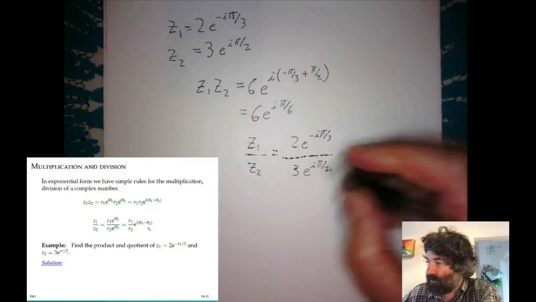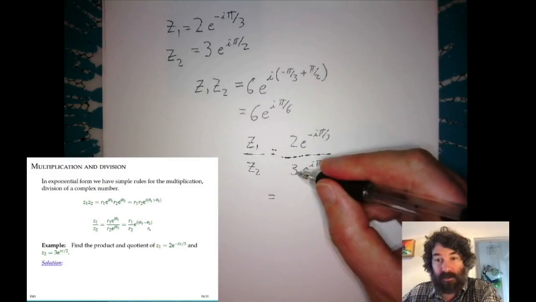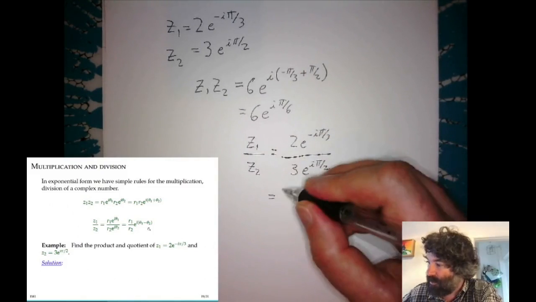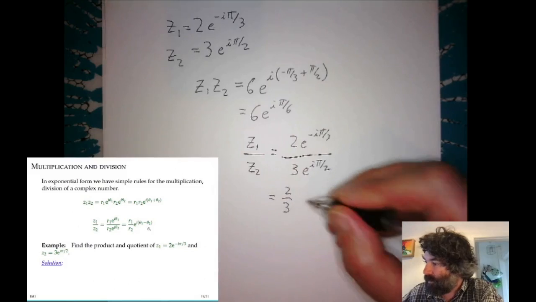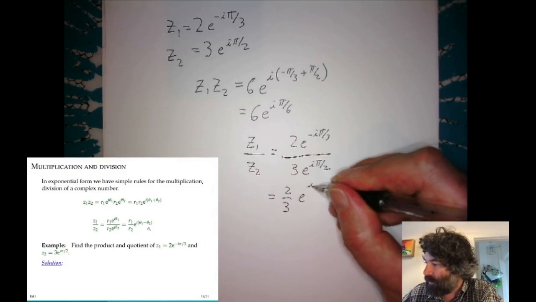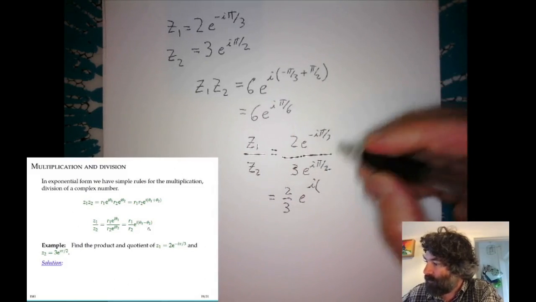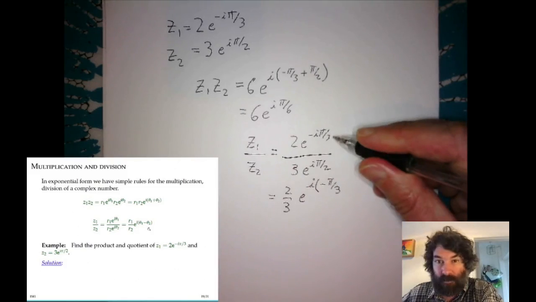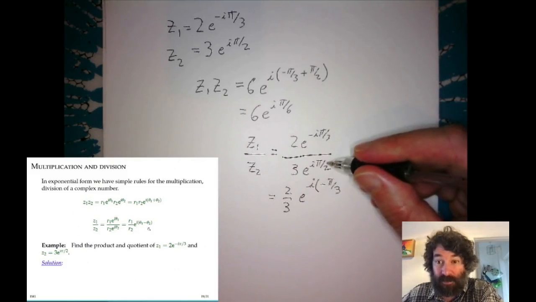All right, and so the modulus of this quotient is going to be the quotient of the moduli, 2/3. And then for the argument, we're going to have e to the I times negative pi over 3 from the numerator here, and then minus pi over 2.